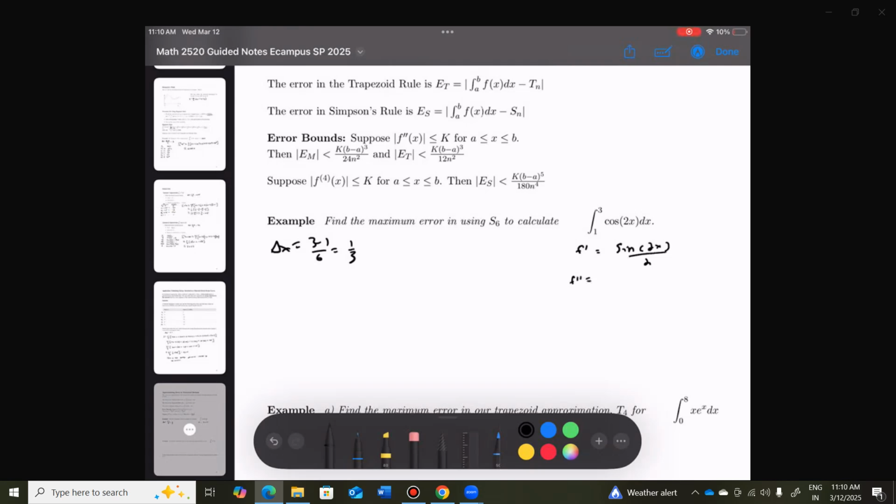The second derivative would be negative cosine of 2x over 4. The third derivative is negative sine of 2x over 8. And then the last, the fourth derivative, is cosine of 2x over 16.